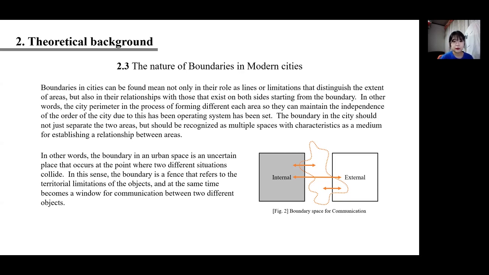In other words, the boundary in an urban space is an uncertain place that occurs at the point where two different situations collide. In this sense, the boundary is a fence that refers to the territorial limitations of the objects and at the same time becomes a window for communication between two different objects.